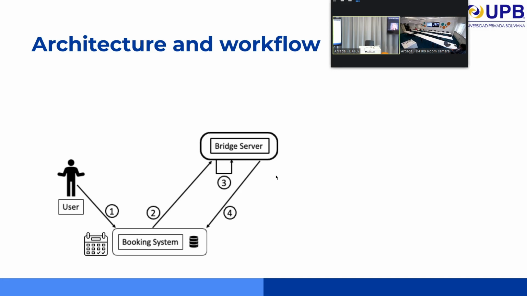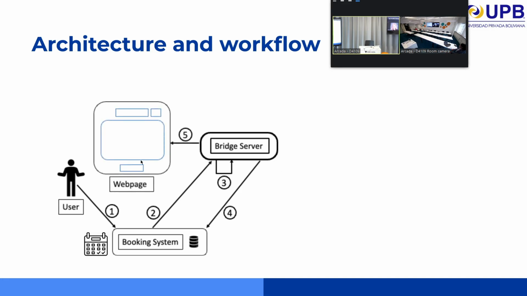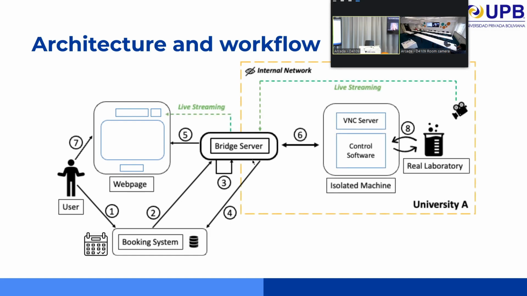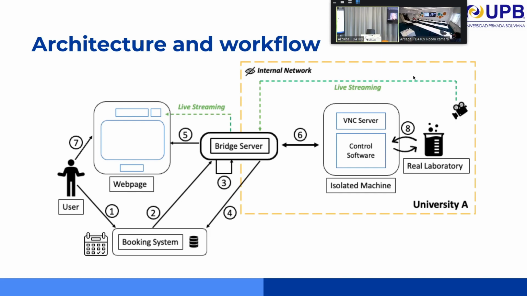Once the validation is successful, it serves the main web page in step 5 that has all the core functionality and also the VNC client. After that, the bridge server connects the VNC client to the VNC server in the isolated machine that also has the control software. As you can see, all the university infrastructure of the laboratory is inside an internal network, so the only point of access is the bridge server.